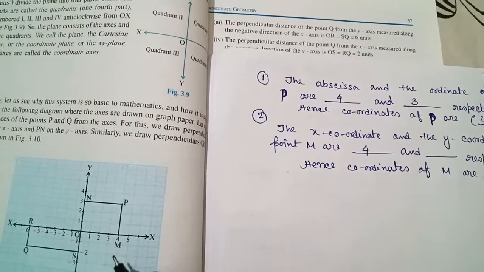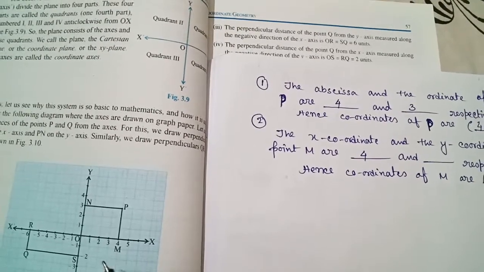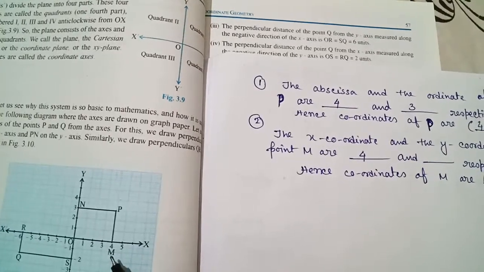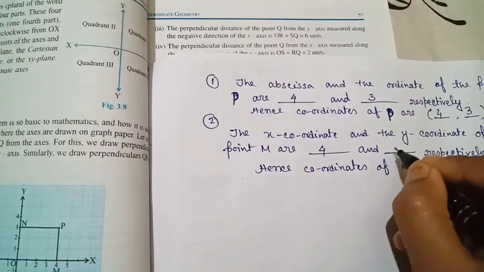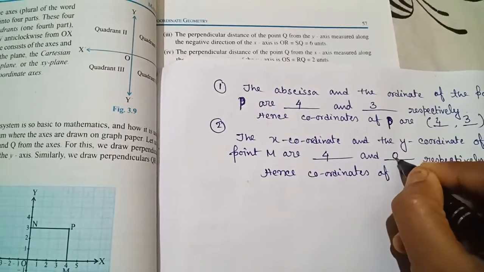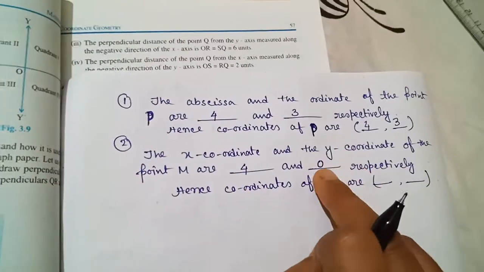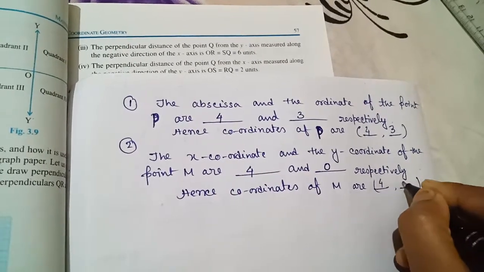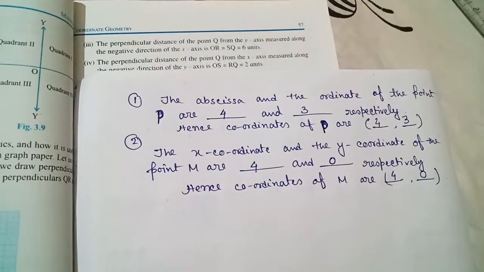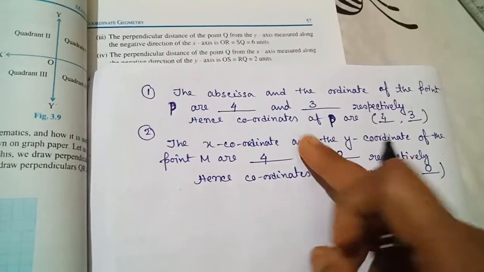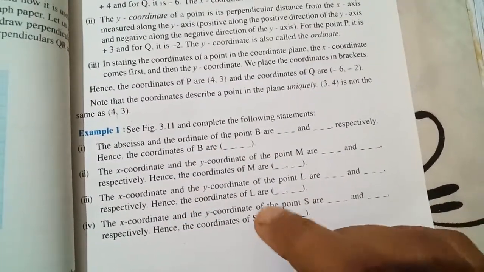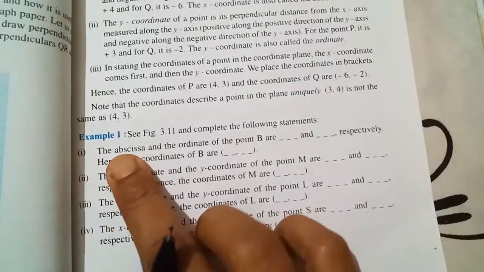No, because M is situated on the x-axis. That means M has distance 0 from the x-axis. So the y coordinate is 0, the x coordinate is 4. The point will be 4, 0. Understood? Similarly, you can find the answers to the other questions from this example 1.